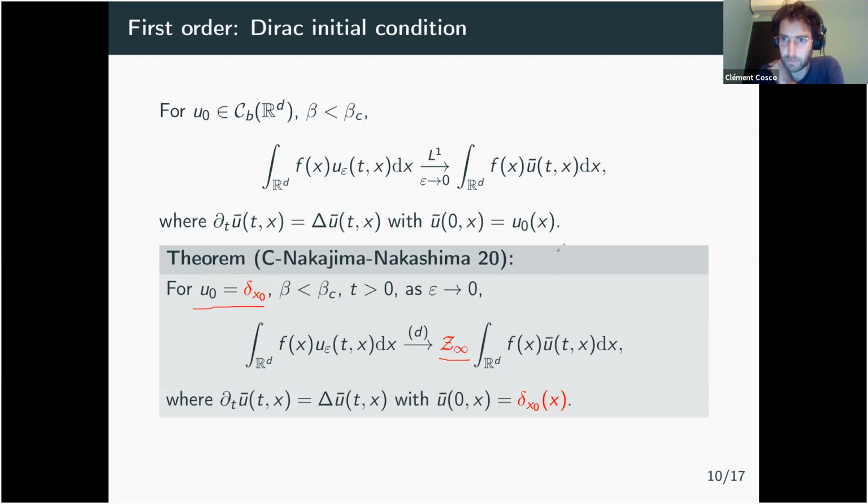It comes from the fact that when you start with the Dirac initial condition, the dependence of U epsilon on the noise around the starting point will be really important.